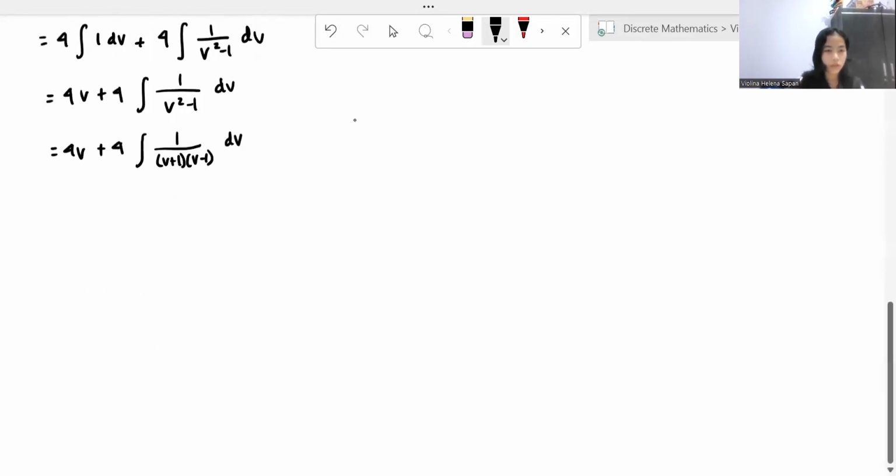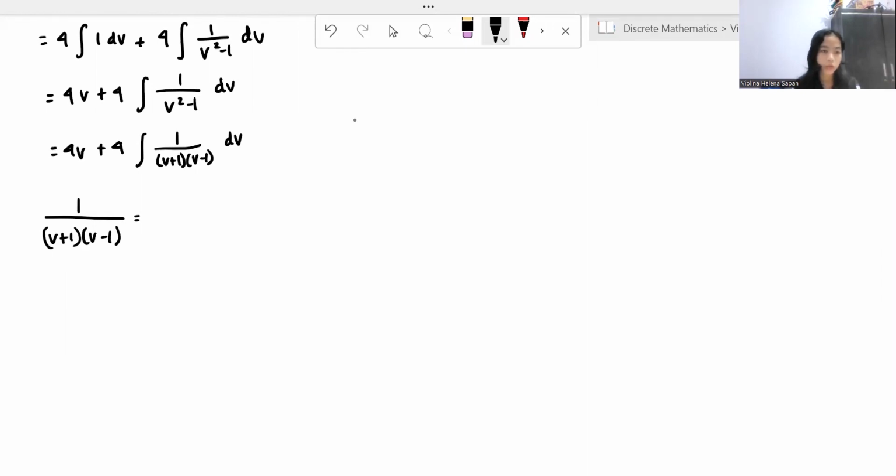Okay. To calculate this type of integral, we can use the partial fraction formula. So this is the original fraction, right?